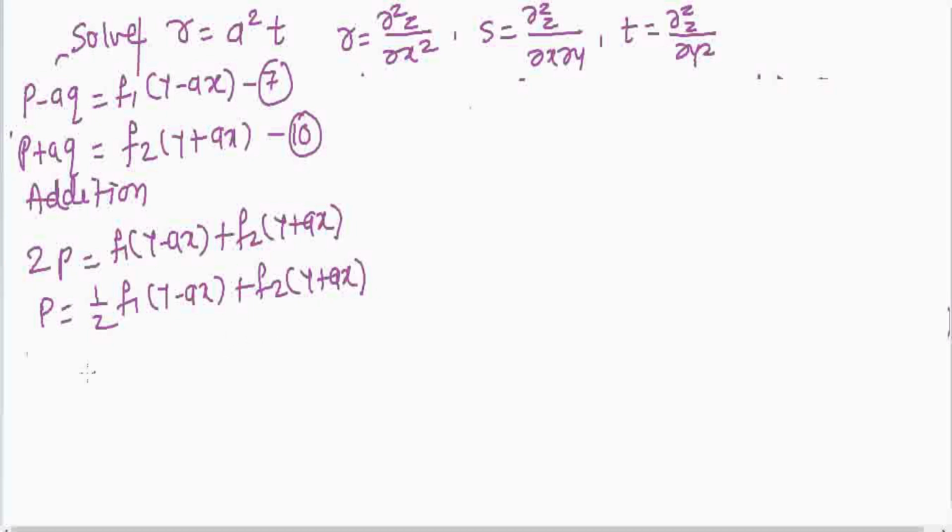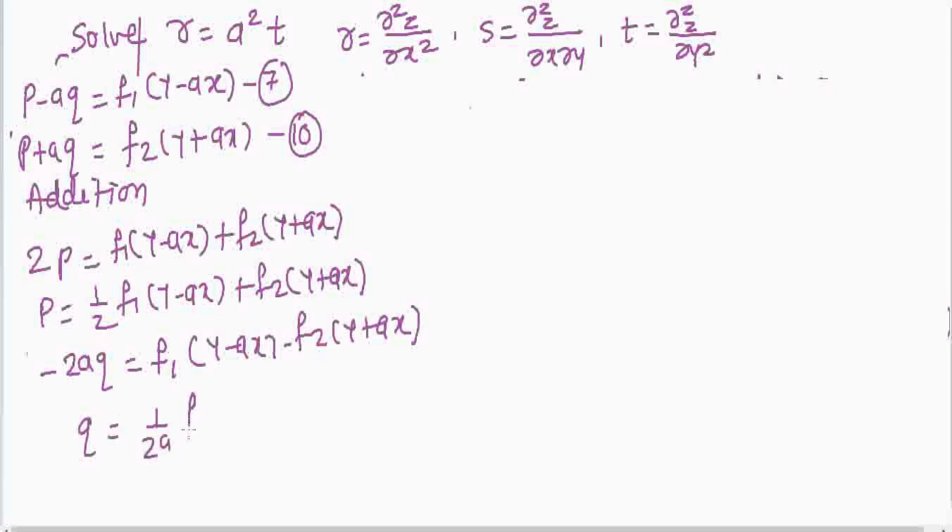Now subtraction: if we subtract these equations, we get minus 2aq equal to f1 of y minus ax minus f2 of y plus ax. So q is equal to minus 1 divided by 2a f1 of y minus ax plus 1 divided by 2a f2 of y plus ax.